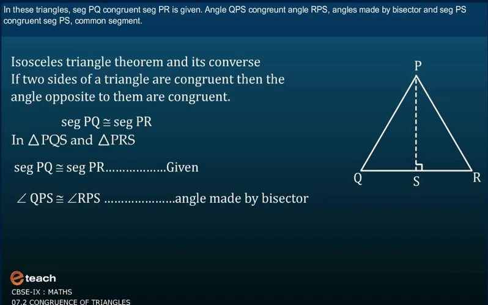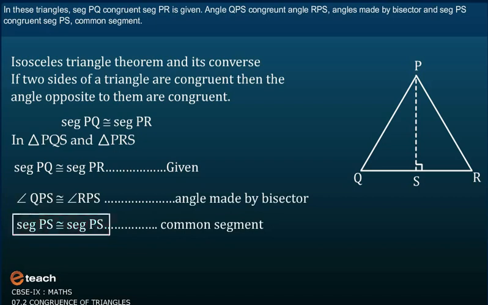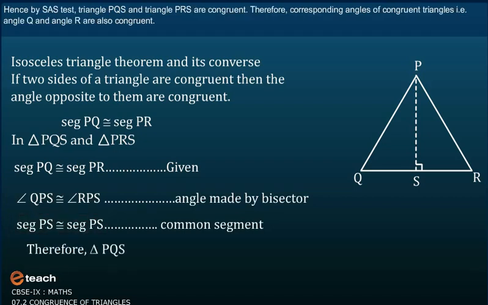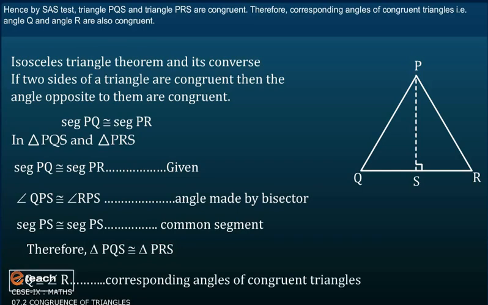And segment PS is congruent to segment PS, the common segment. Hence, by the SAS test, triangle PQS and triangle PRS are congruent. Therefore, corresponding angles of congruent triangles, that is, angle Q and angle R, are also congruent.